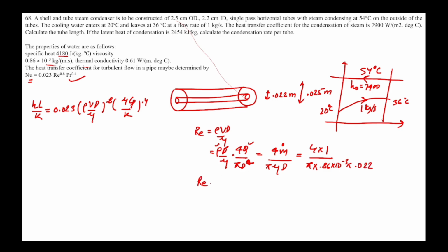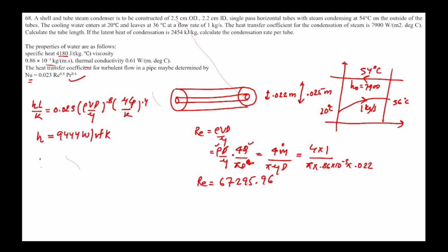So the Reynolds number will be 4 divided by pi divided by 0.86 into 10 to the power minus 3 divided by 0.022, which is 67295.96. Putting all the values here, you will get h equal to 9444 watt per meter square Kelvin.